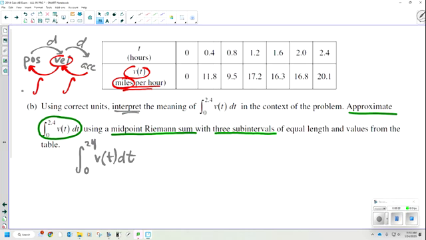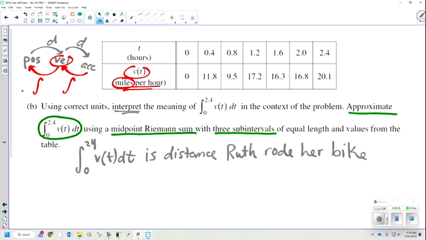So this is the distance, all right? Ruth rode her bike, and you could write this a million different ways. But again, they say in the context of the problem, Ruth riding her bike is what this problem is about. Okay, so I've got to include that.